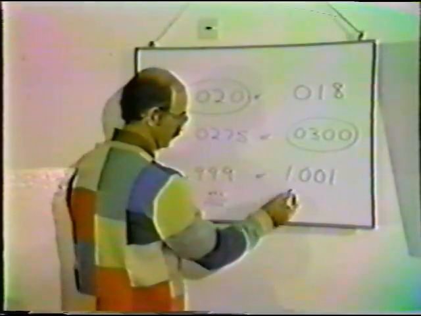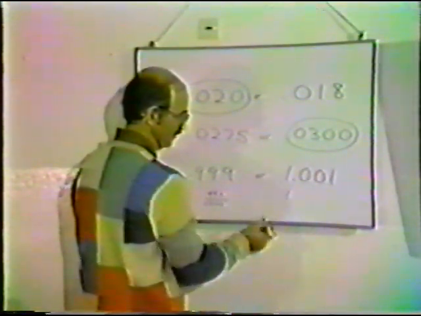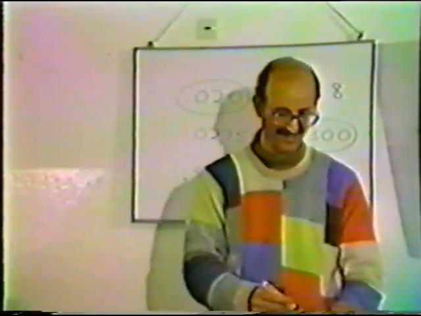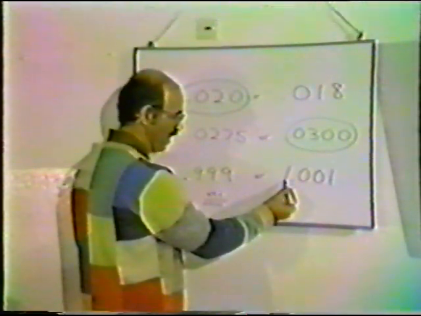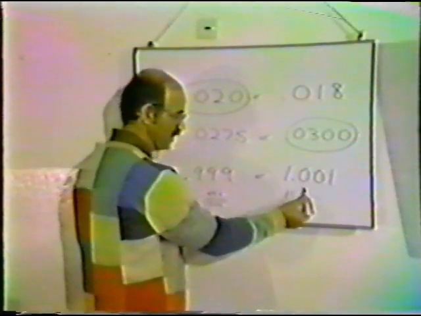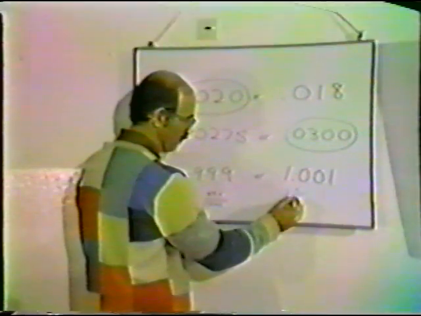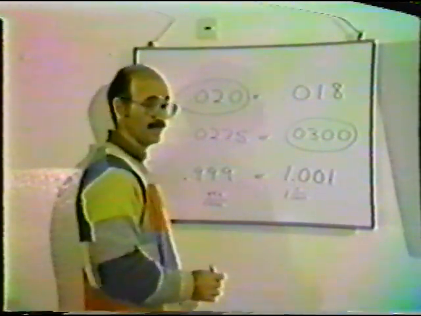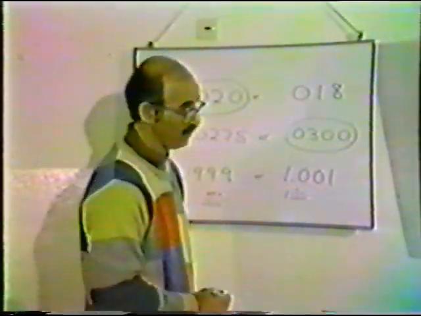Read me this number. 1,000. Thank you. 1 and 1,000ths, which I could write like this if you like. Seems you're not that well prepared at reading decimals just quite yet.